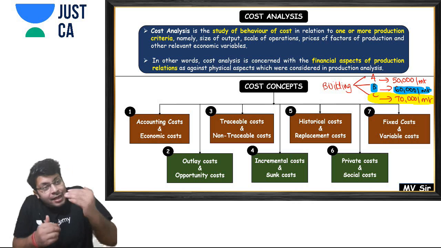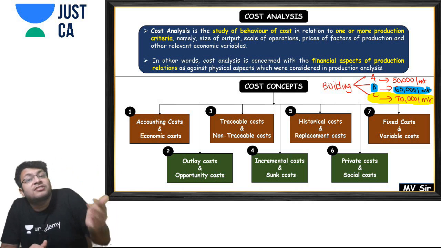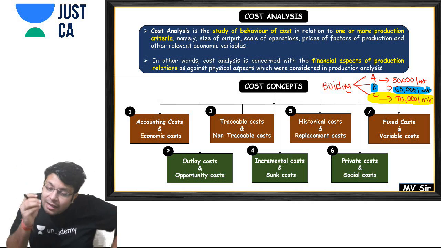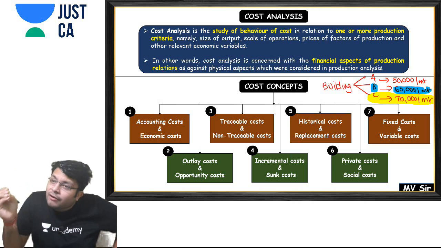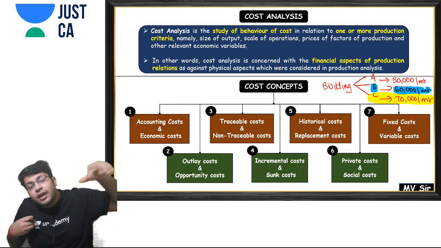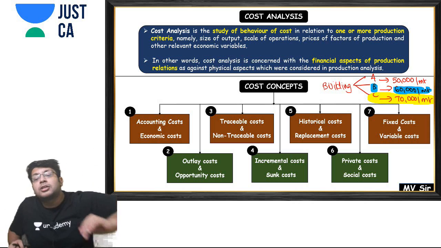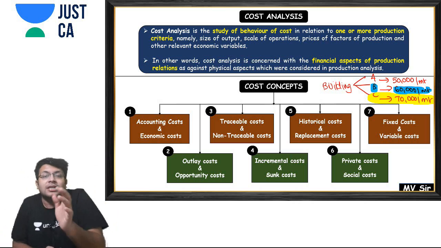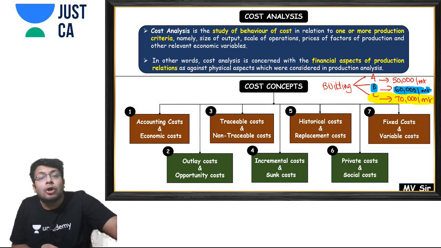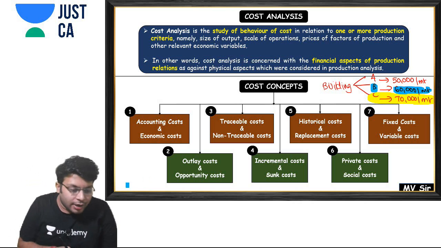So the next best alternative which you have foregone, the cost of that is 60,000. When you are giving your building on rent to C for 70,000 rupees, you are sacrificing the option to give it to B. So 60,000 will be your opportunity cost in this case. And again, your opportunity costs are not recorded in your books of accounts.